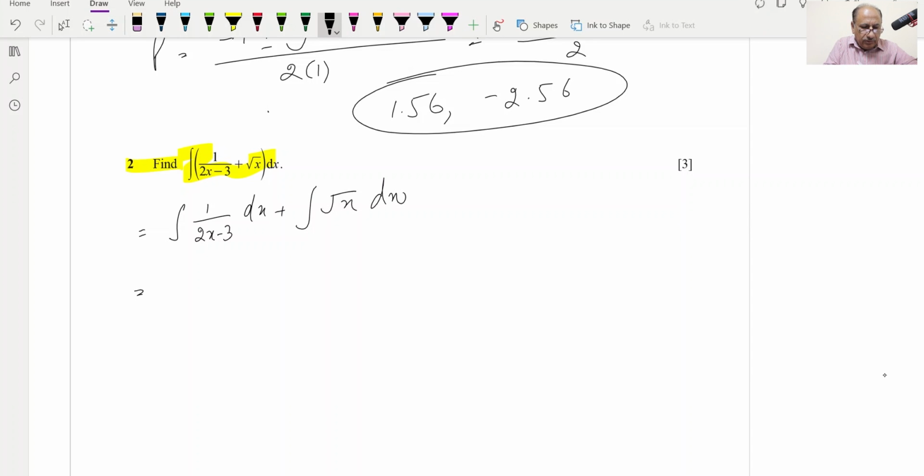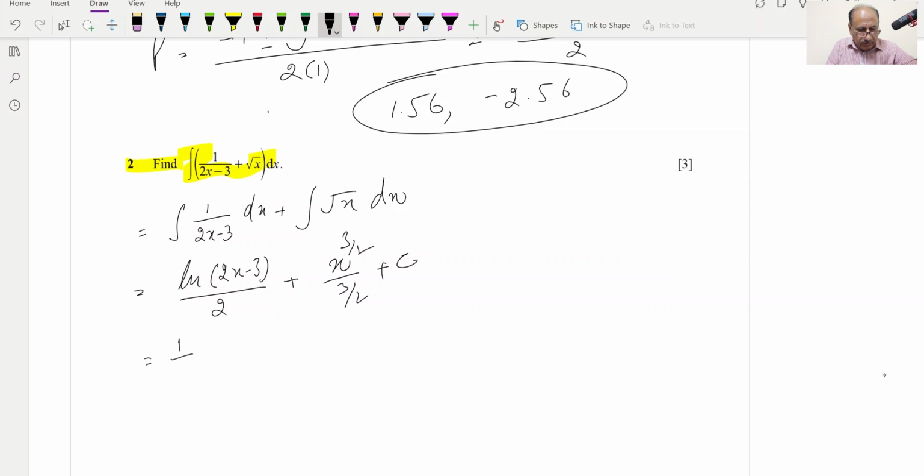The integral of 1 over 2x minus 3 will be log of 2x minus 3 divided by the derivative of this, which is 2. Similarly, this will be x raised to 1 by 2, so 1 by 2 plus 1, x raised to power 3 by 2 over 3 by 2, plus integral constant c.